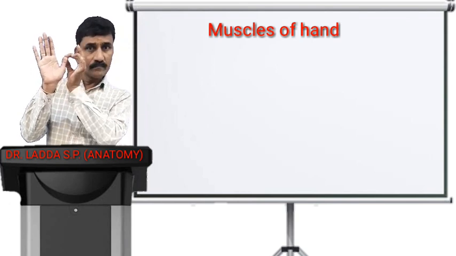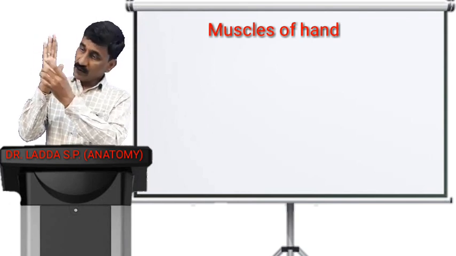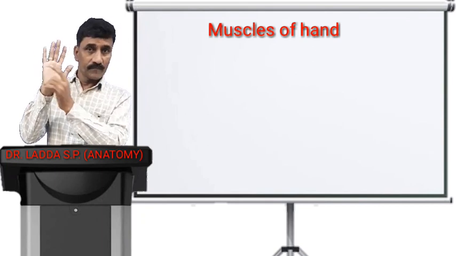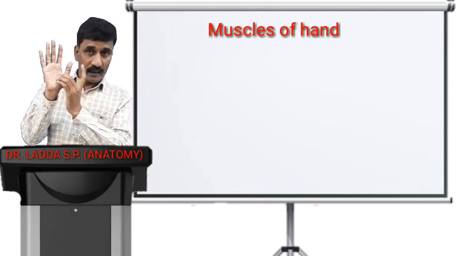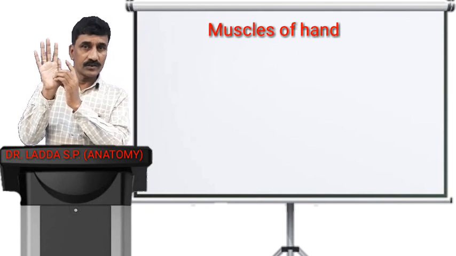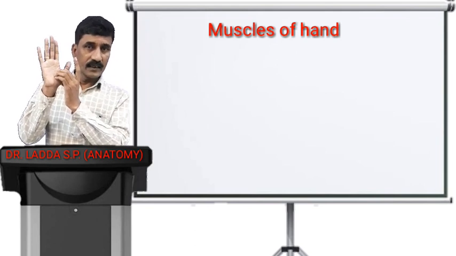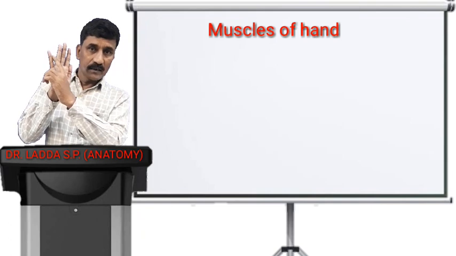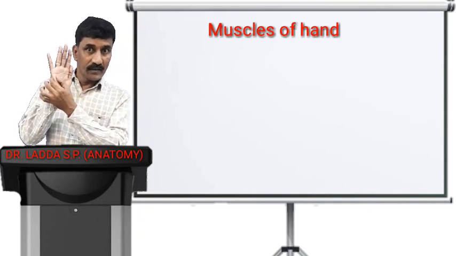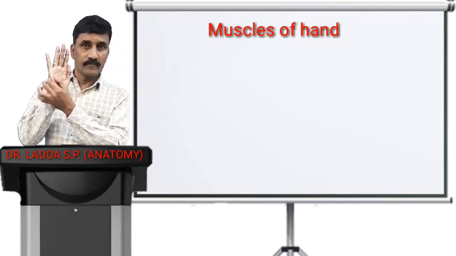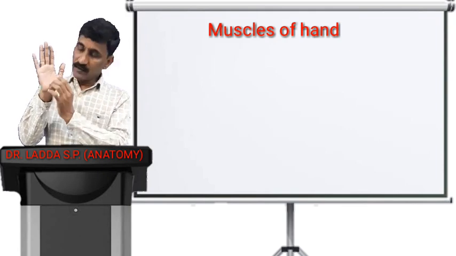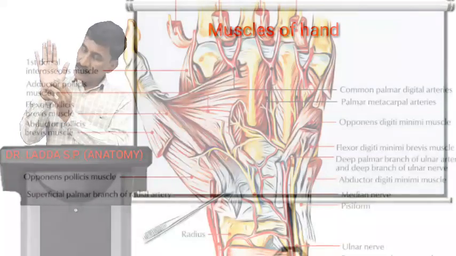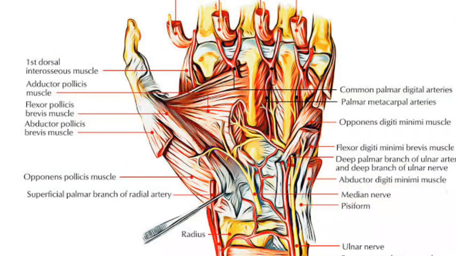Thenar is concerned with the thumb, remember, it is simple logic, and hypothenar is concerned with the little finger. So the muscles towards the thenar have the name pollicis, whereas the muscles towards the hypothenar have the name digiti minimi. Pollicis and digiti minimi. Now a muscle which is helping to bring the thumb towards the body, which is bringing away from the body.